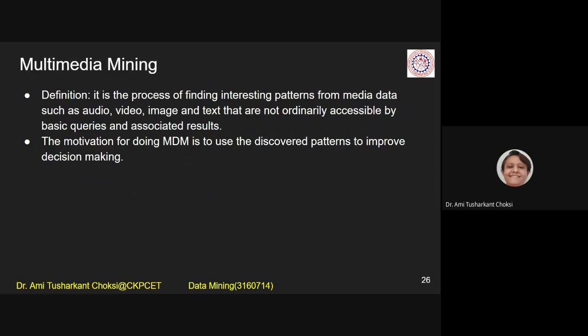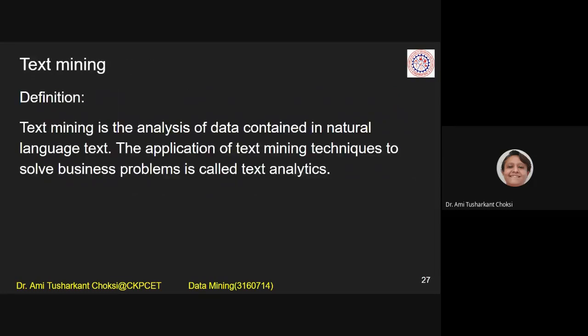So as we are considering the text here, let us see a bit about text mining. So at least one type we have seen, fine. Text mining is the analysis of data contained in natural language text. The way we are talking, isn't it?